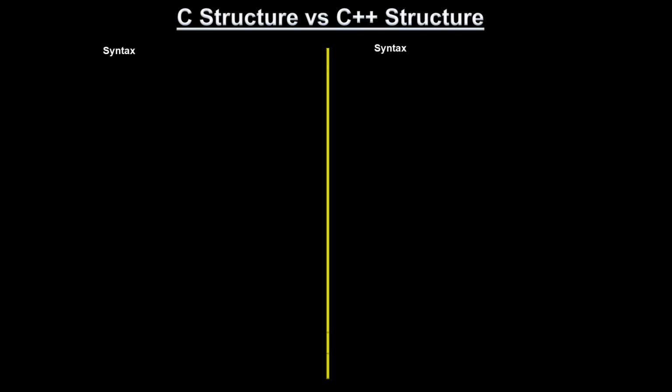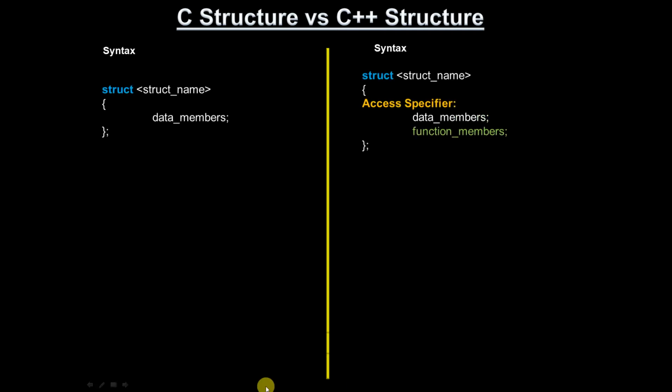So how to define a C structure and how to define a C++ structure? What is the syntax? If you are creating a C structure, we need the struct keyword, struct name, open braces, data members, and closing braces. In C++, we use the struct keyword, struct name, open braces, access specifier, data members, function members, and closing braces.